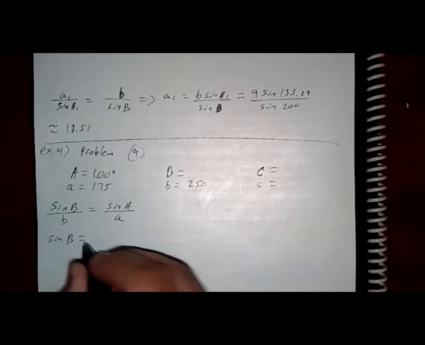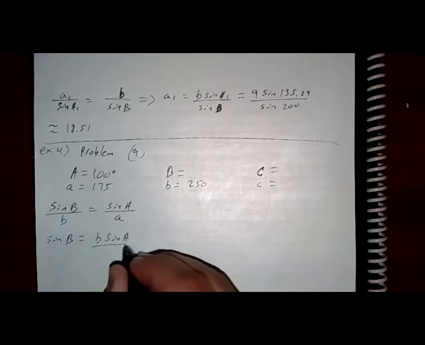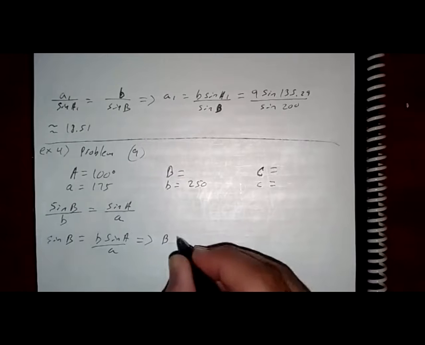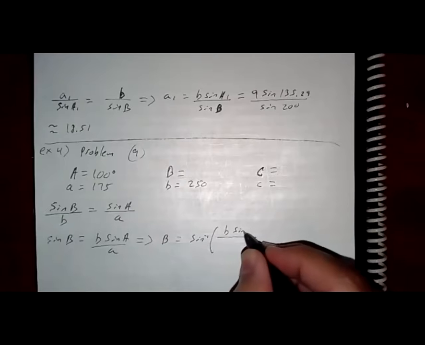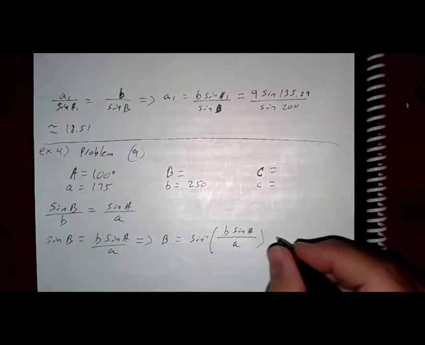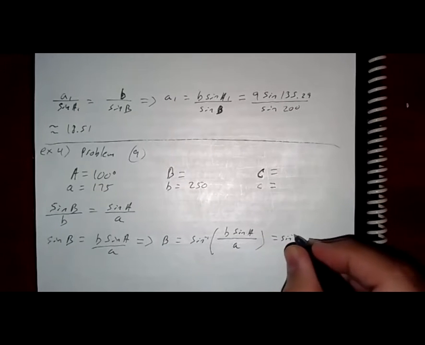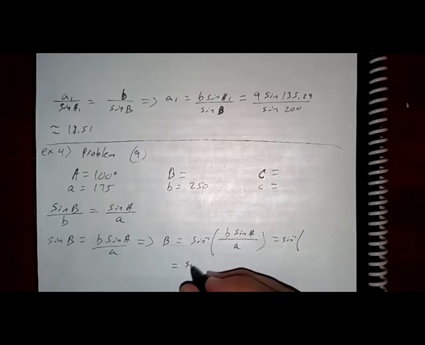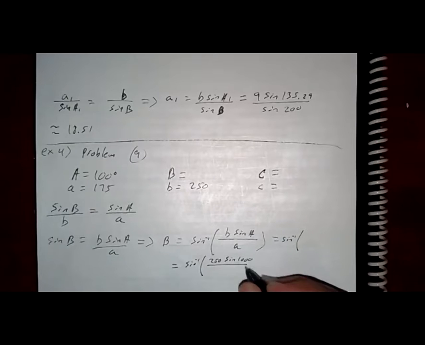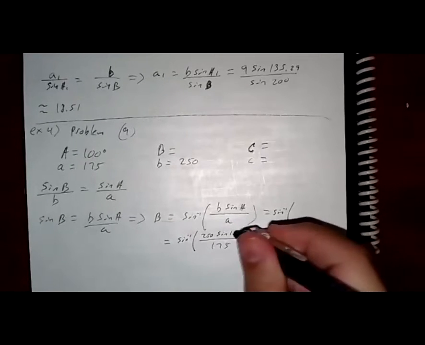So sine B is equal to b sine A over a, which implies that B is equal to sine inverse of all that nonsense, b sine A over a, which is sine inverse of, let's do it over here, 250 sine of 100 over 175. That looks like 1,000.